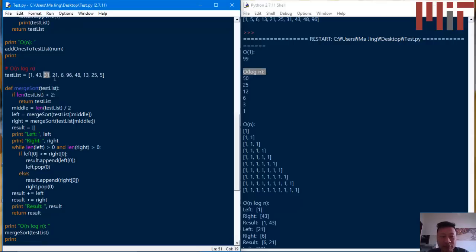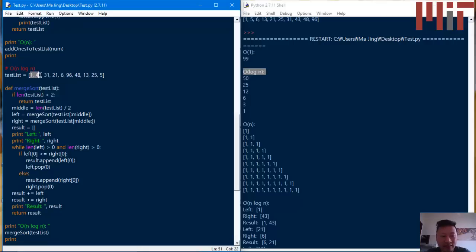And it's going to do it in 2 steps. First, it's going to take these 10 elements and divide them by 2. So you have 5 elements on the left side and 5 elements on the right side. And then it's going to divide those elements on the left side again into 2, and the elements on the right side the same way. So you're going to have this list, this list, and this list.